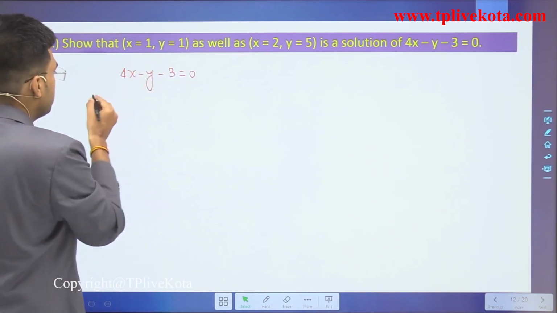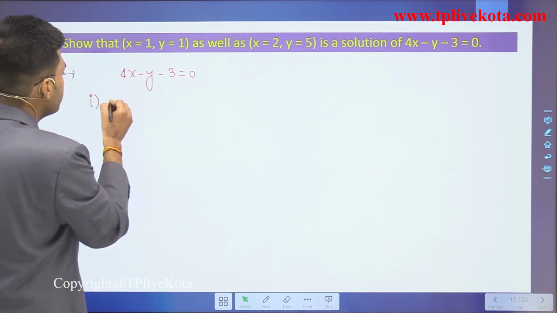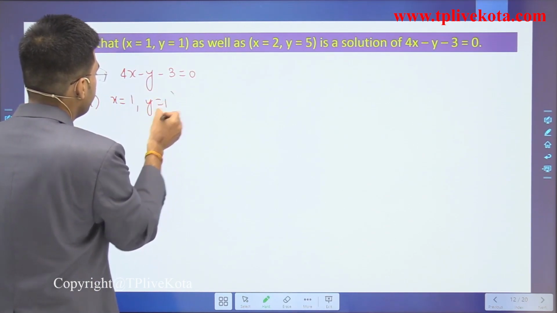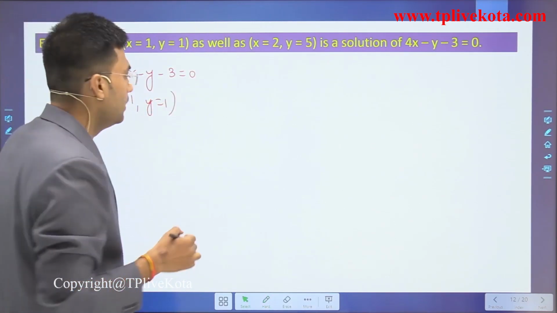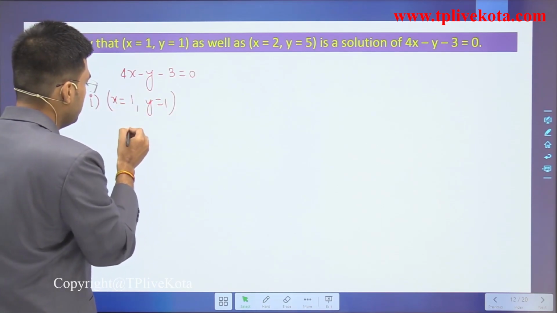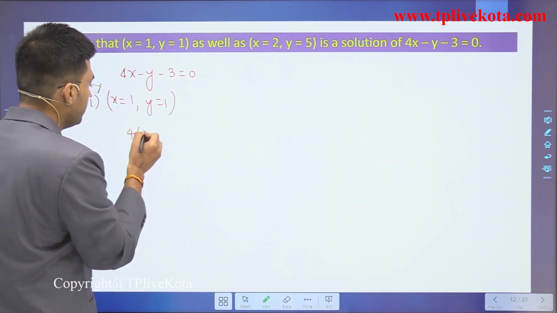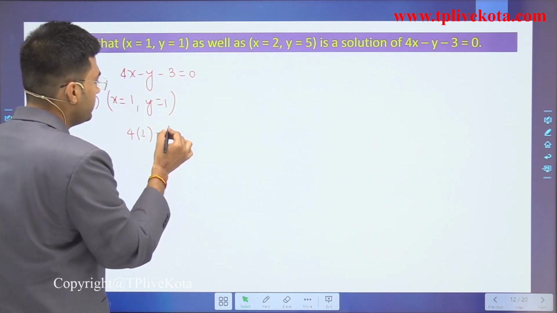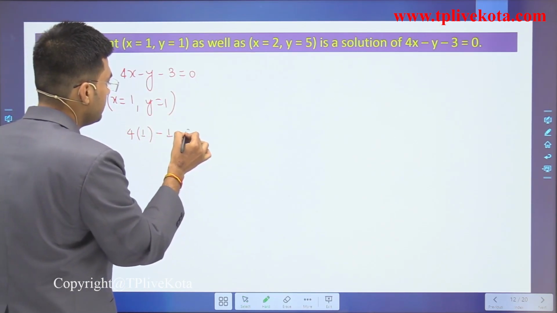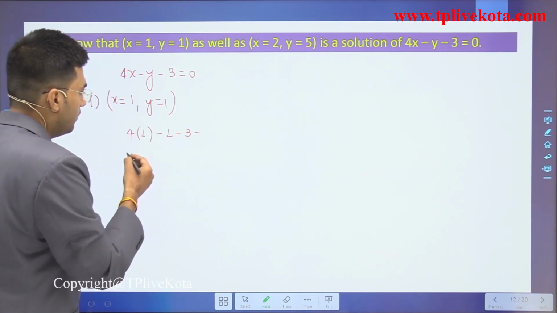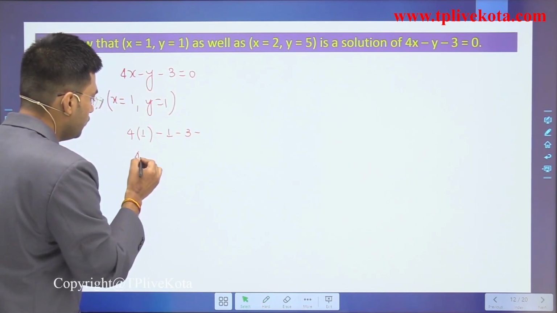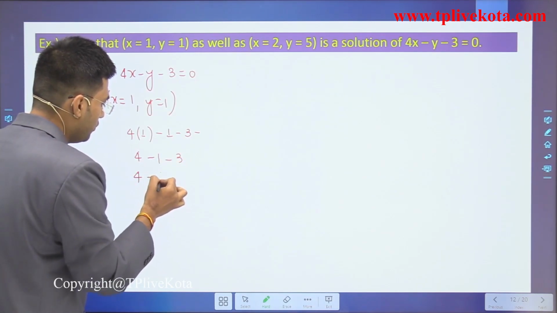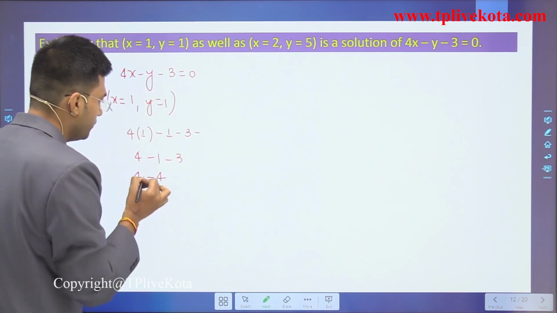We have to show that these two ordered pairs are solutions of this equation. So first of all, let's check for x equal to 1 and y equal to 1. Clear? When we replace x with 1, we get 4 multiplied by 1 minus the value of y, which is 1, minus 3. When we solve this, it is 4 minus 1 minus 3, or 4 minus 4, which is equal to 0.